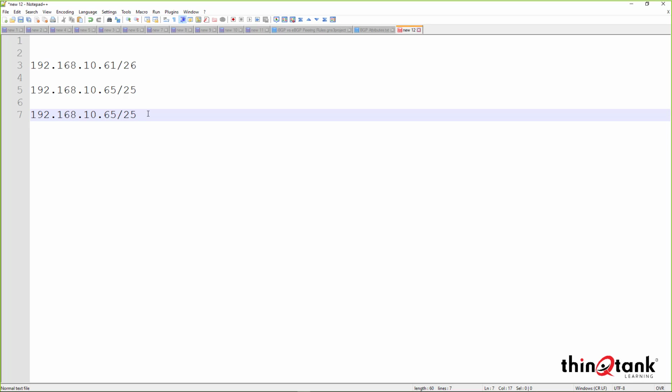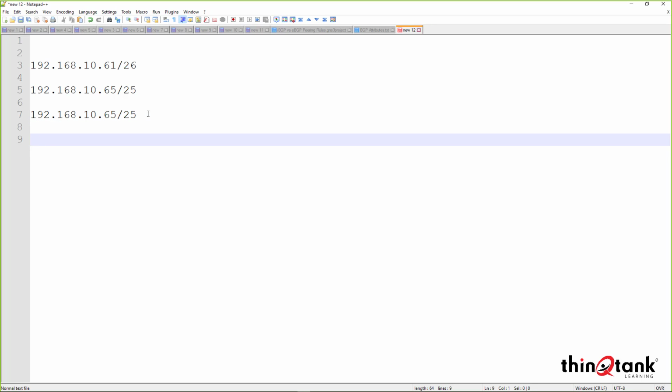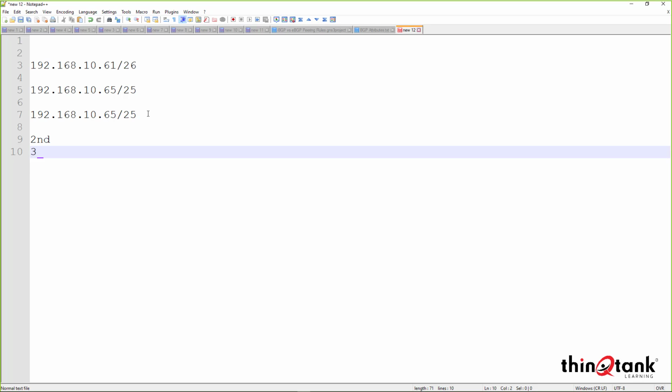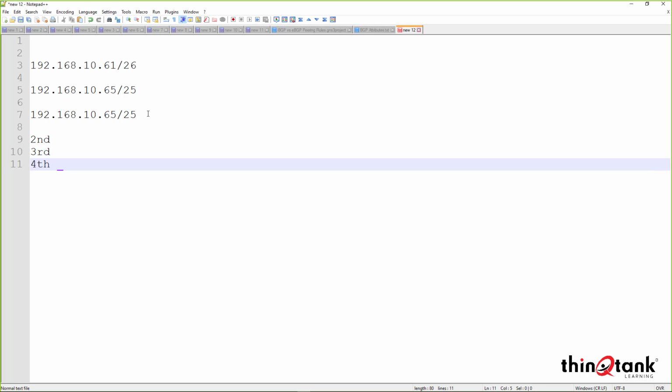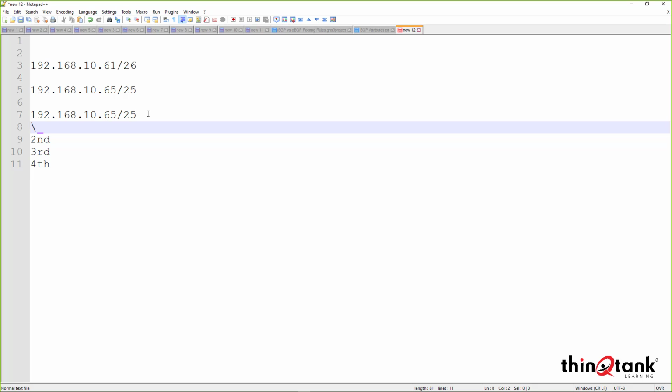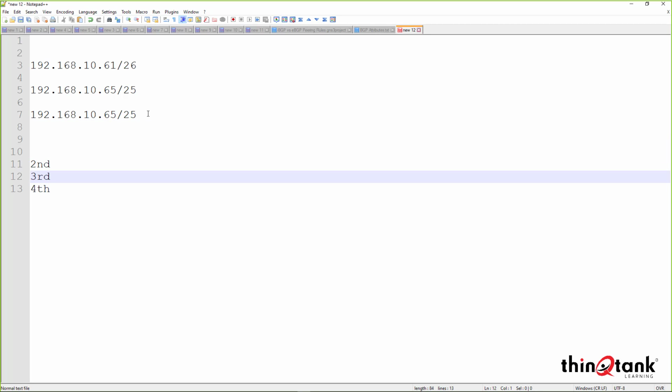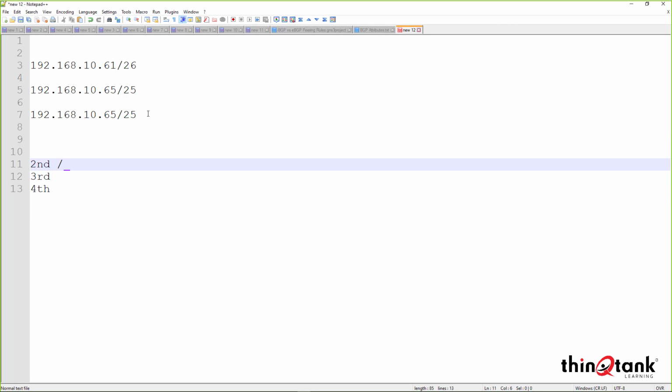There's a little table that I always show people. It looks a little bit like this. Maybe something that would be useful for the test. Let's start with /8, /9, /10, /11, /12, /13, /14, /15, and /16.